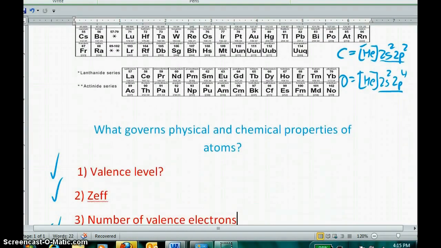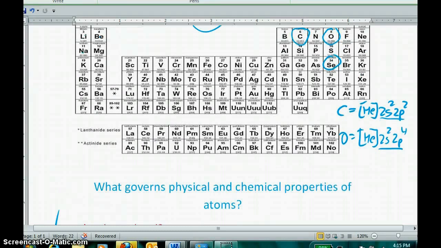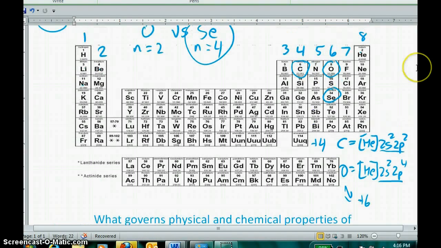So the next thing I would consider is effective charge. As we've already figured out yesterday, for neutral atoms I don't need to write their configurations to figure out effective charge. I know the effective charge of carbon is +4 because it's a group 4 atom, and oxygen's effective charge is +6 because it's a group 6 atom. And so what does that mean?